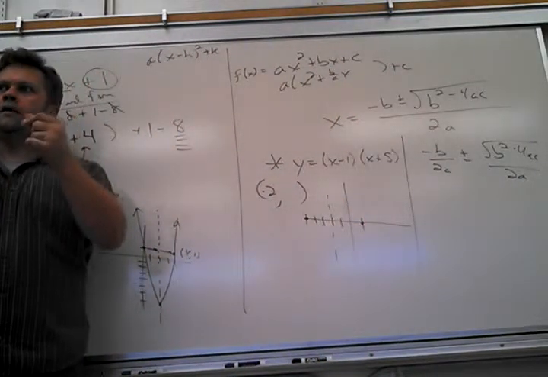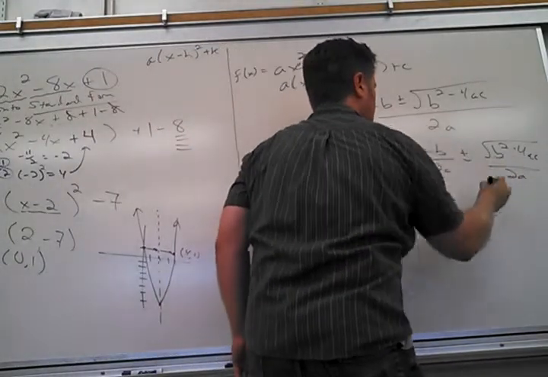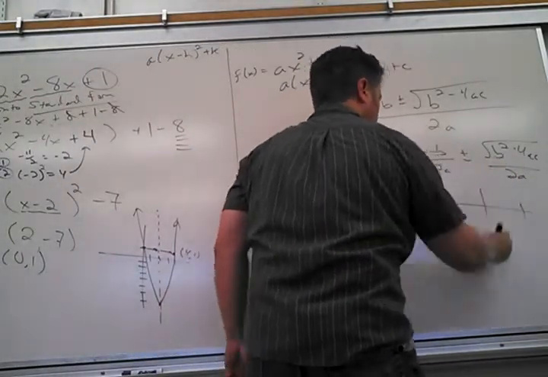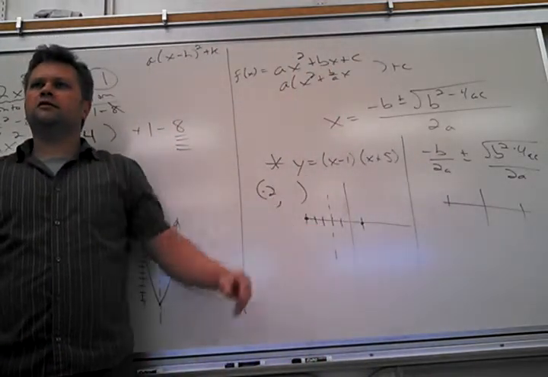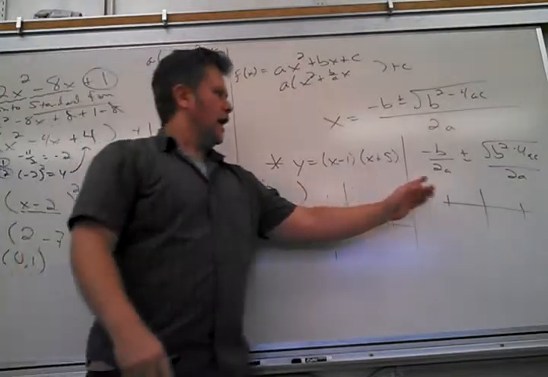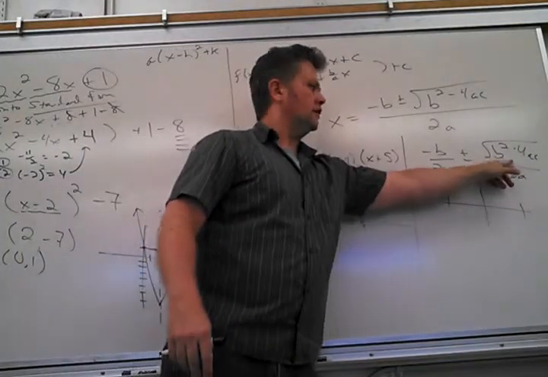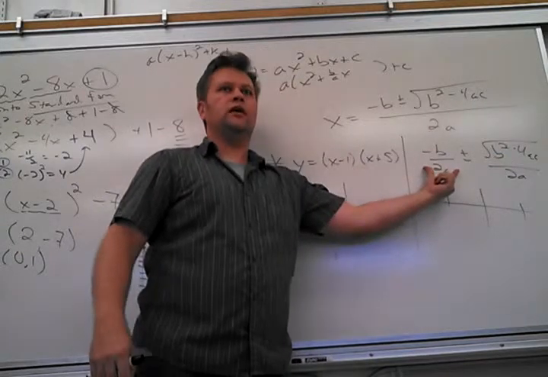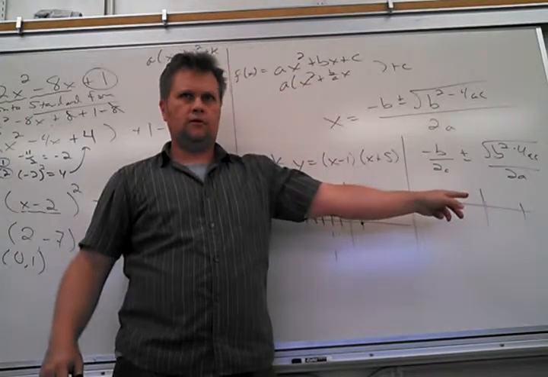You with me? So my intercepts are this plus this and this minus this. What's right in the middle? It's almost too obvious to say. What am I adding and subtracting from? Give or take this from this. This must be right in the middle. Negative b over 2a must be right in the middle. You guys semi with me?